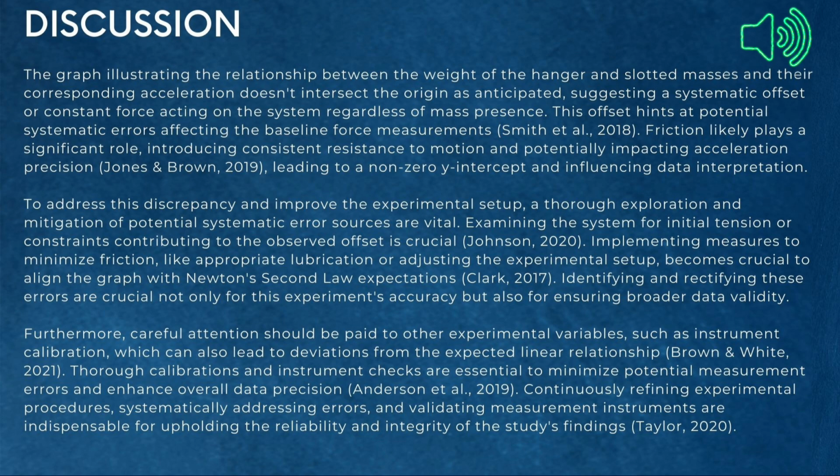Throughout, calibration and instrument checks are essential to minimize potential measurement errors and enhance overall data precision. Continuously refining experimental procedures, systematically addressing errors, and validating measurement instruments are indispensable for upholding the reliability and integrity of the study's findings.